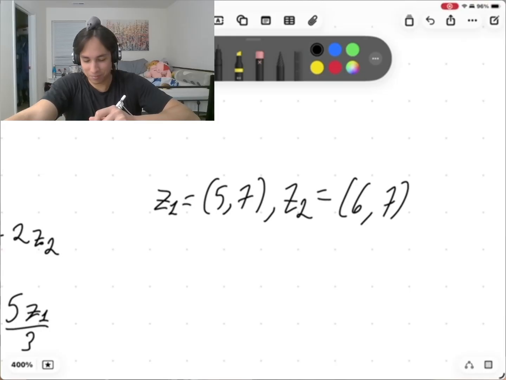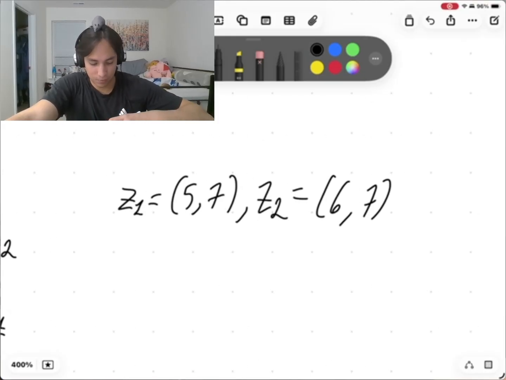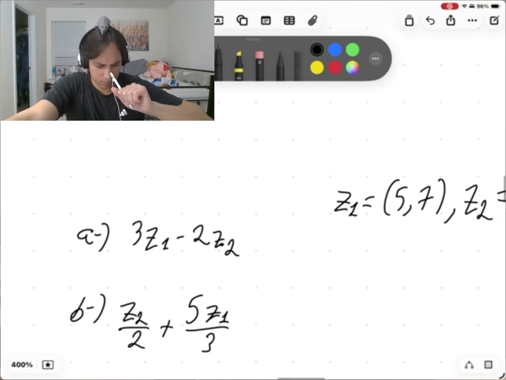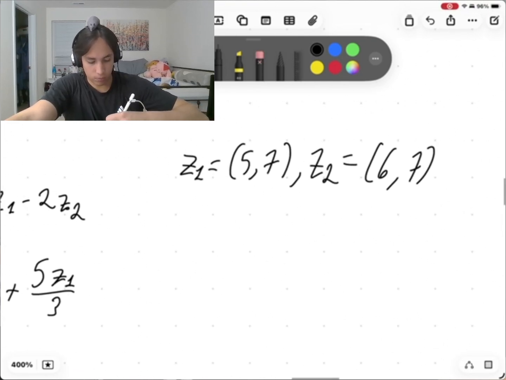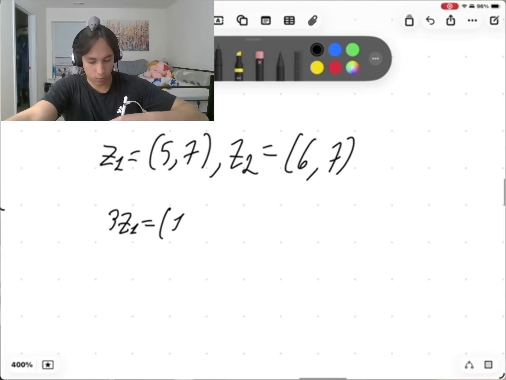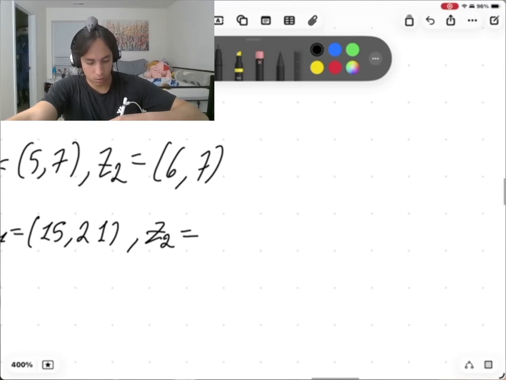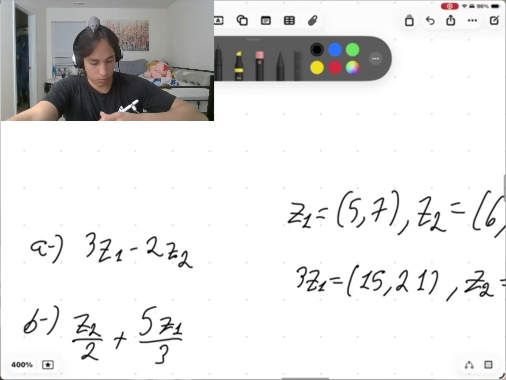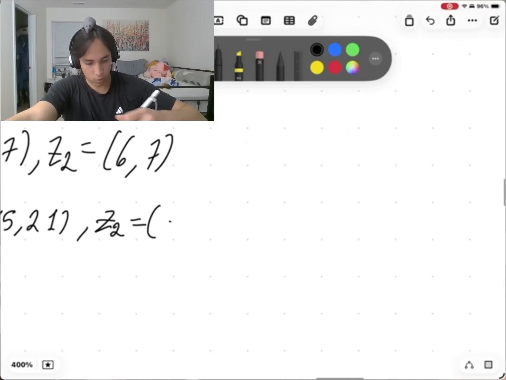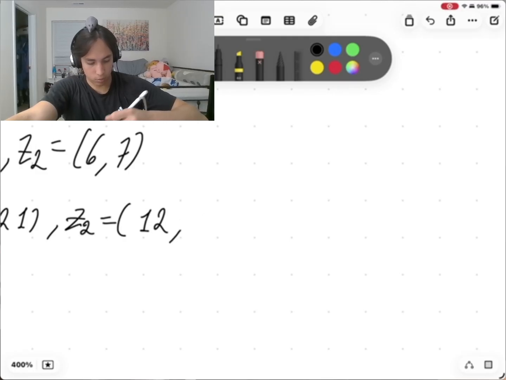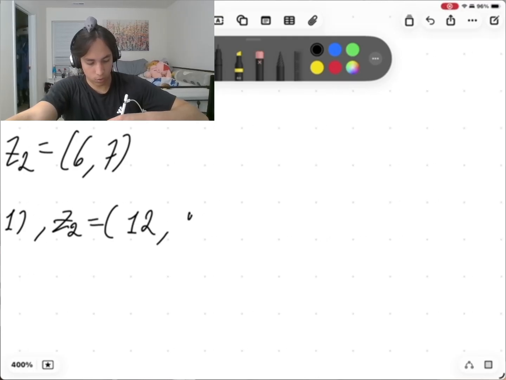So if we multiply this by 3, 3z1 equals 15, 21, right? z2 equals, what was it? Okay, 12, 14.